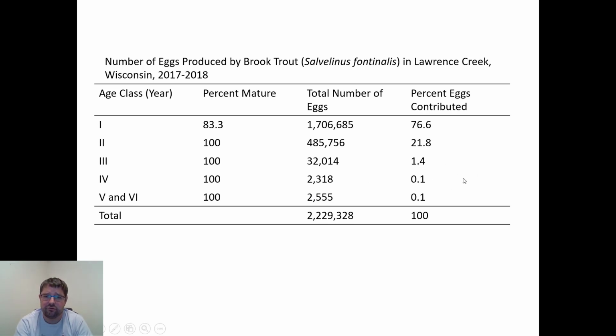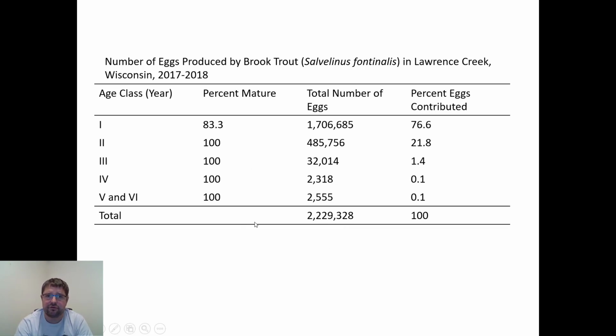Look at their contribution to the eggs. We're talking about 0.1% for 4-year-old, 5-year-old, and 6-year-old fish. Hardly any contribution to the population.